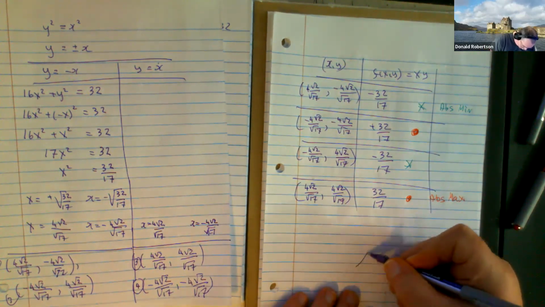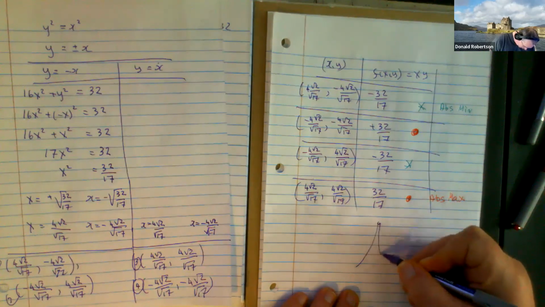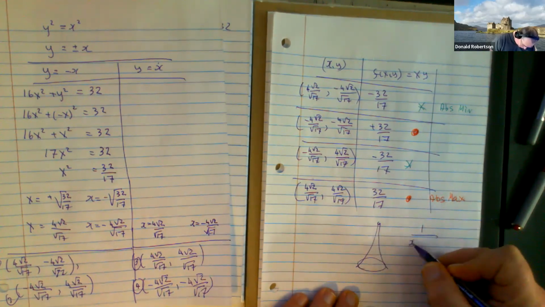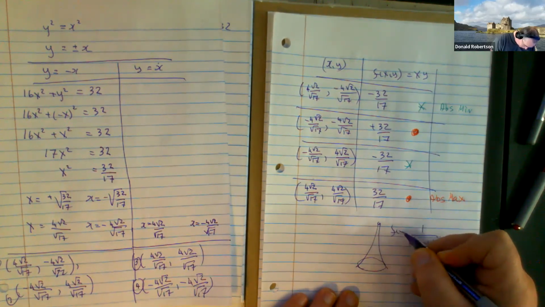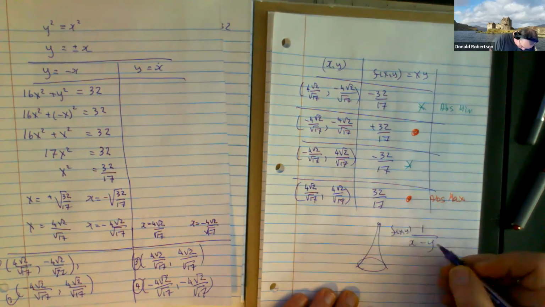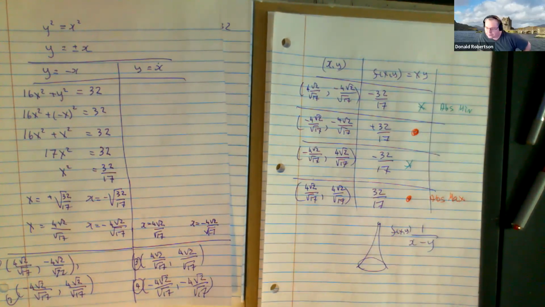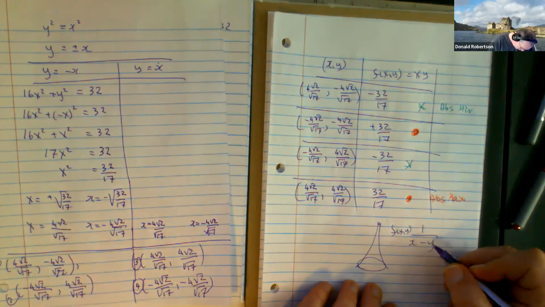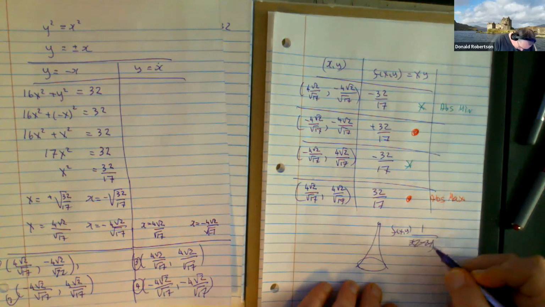I'm totally useless at drawing these things, but I'll do my best. Can you imagine a function that looks like this? And in fact, that would be a bad choice. Looks like this.